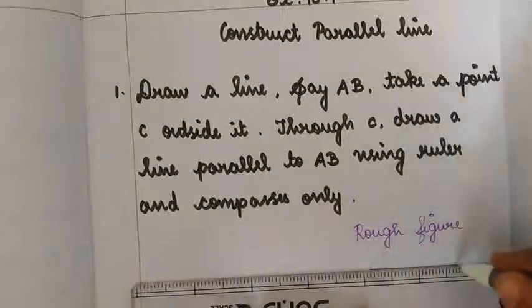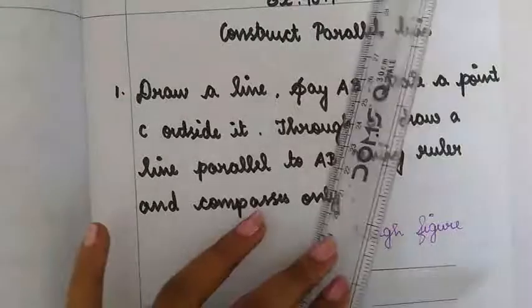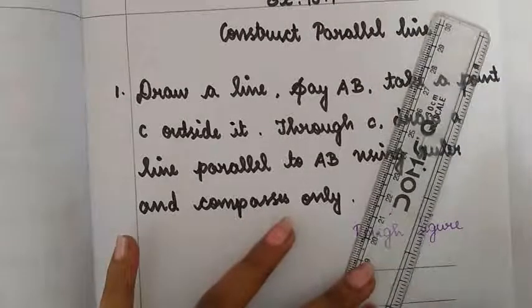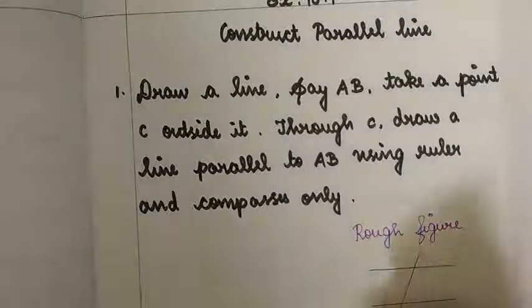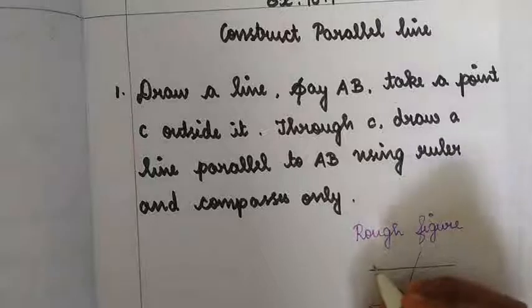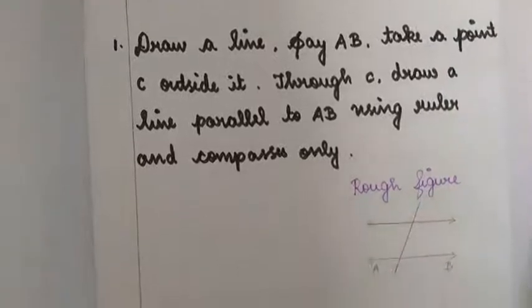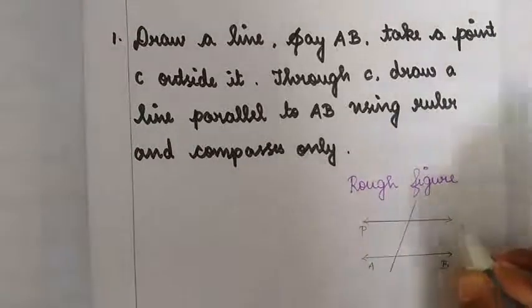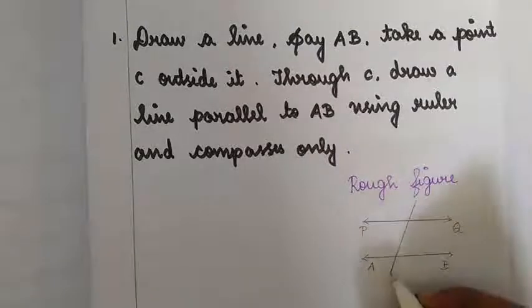Draw a parallel line. It intersects two lines. Let me take this is line AB. Next, let me take this line segment as PQ. Here PQ is parallel to line segment AB.